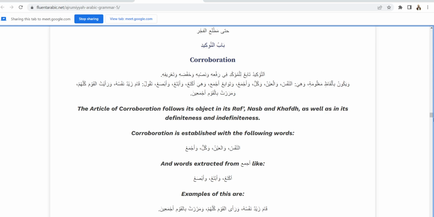يكون بألفاظ معلومة: it has to be used in known words that have been known amongst the Arabs, like النفس والعين وكل وأجمع وتوابع أجمع. It has to be used like these words. النفس, عين: nafs and ain are close to being the same.